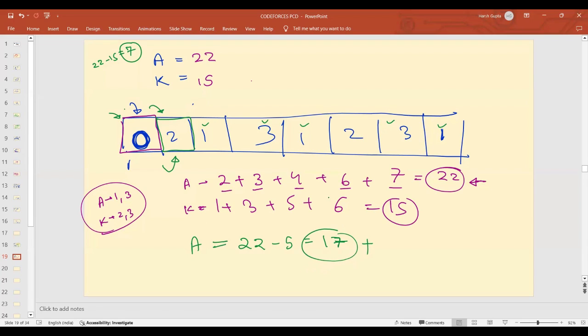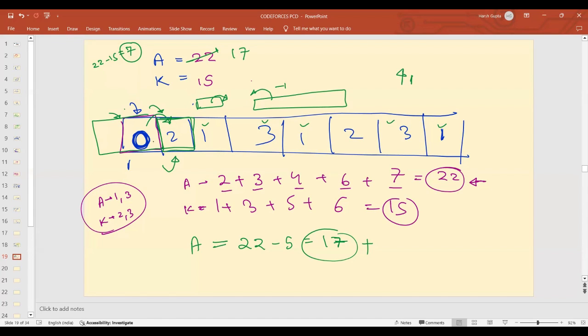It will also be added by all the cells towards the left, because for all of them the distance will increase by 1. If I am moving my bullseye cell towards the right, for all the cells towards the right the distance will decrease by 1, and for all the cells towards the left the distance will increase by 1. Over here no cells towards the left exist. So Arshi's answer will be 17.